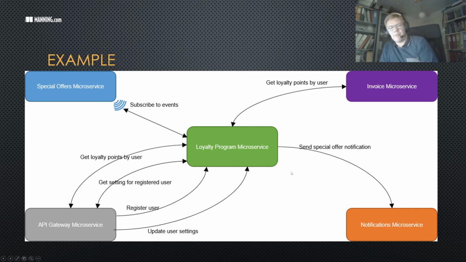Then whatever happens to that could be the responsibility of somewhere else. So we just publish that from the loyalty program, subscribe to those events in the notification service, and then that service decides, well, what does this mean? Did we just send an email to this person 5 minutes ago? Then maybe we skip this one.